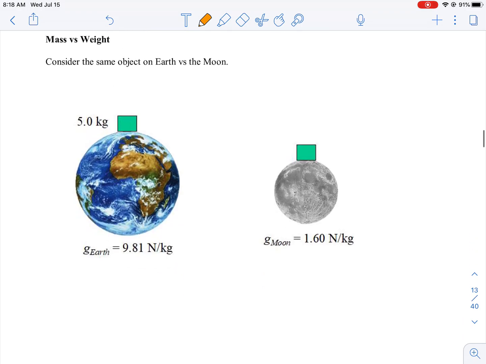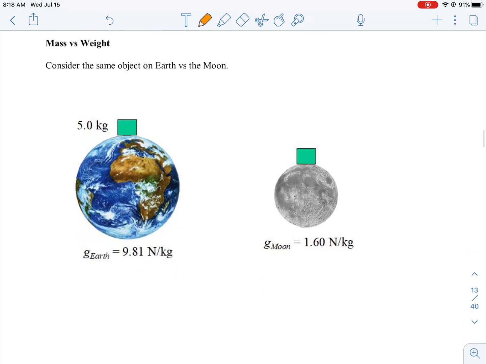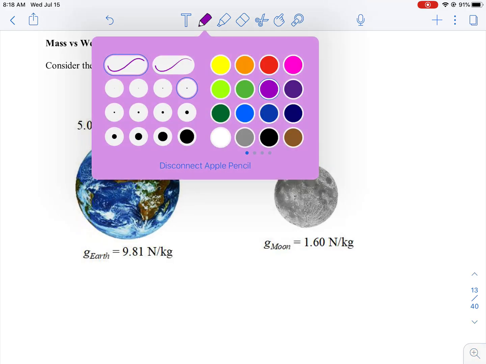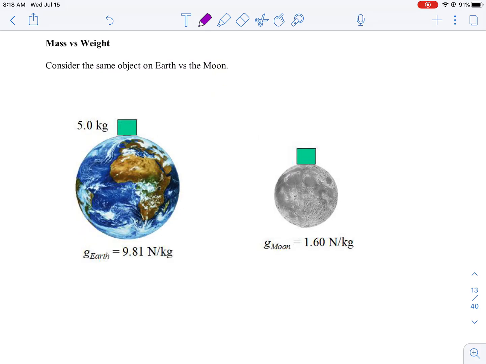Now, we're always asked as physics teachers to make sure you know the difference between mass versus weight. Because mass is how much material or matter is in the object, whereas weight is Fg. To make sure this is clear for you, let's take a look at an object with a mass of 5 kilograms, and we bring that object over to the moon.